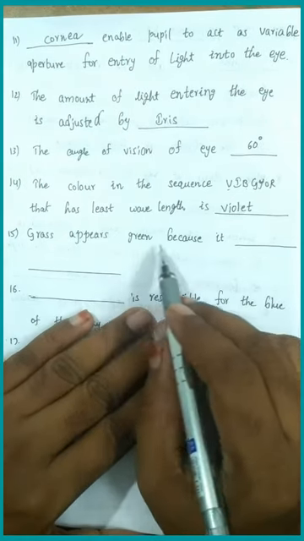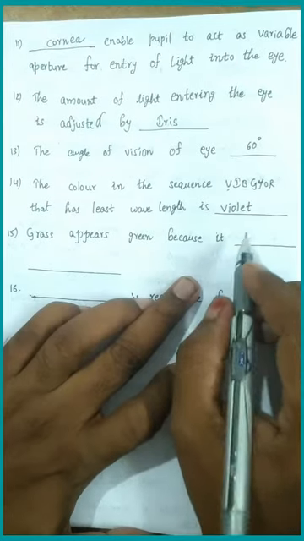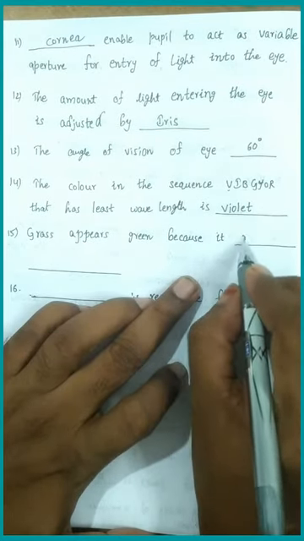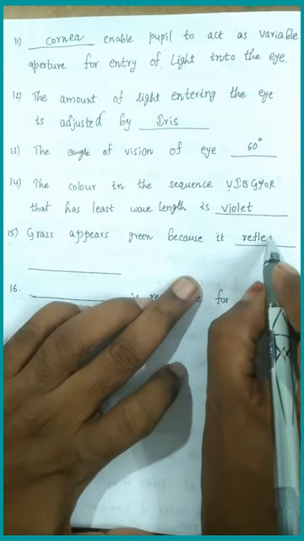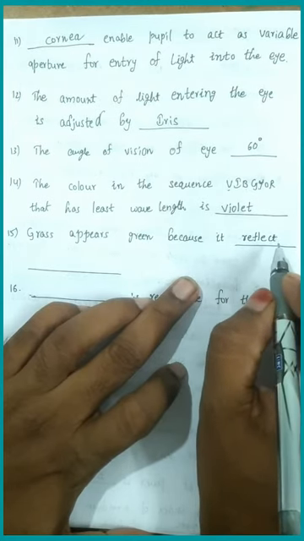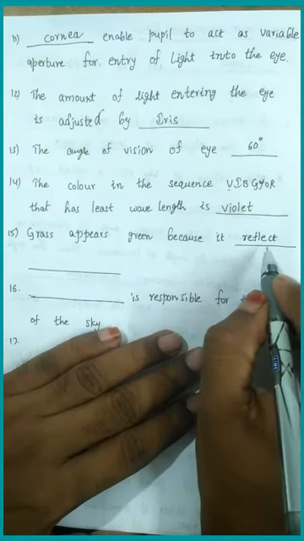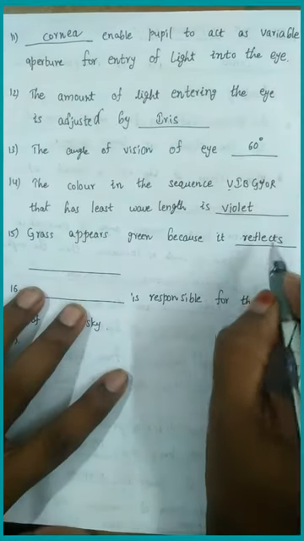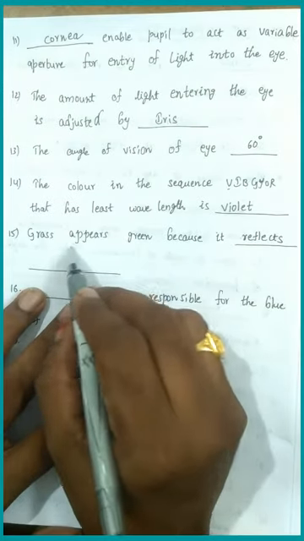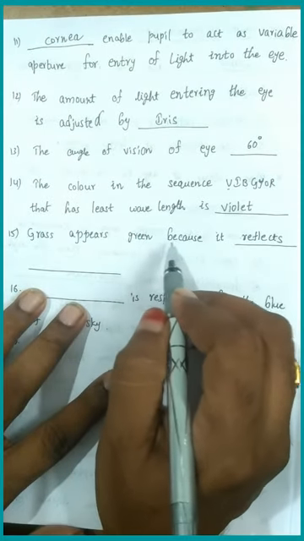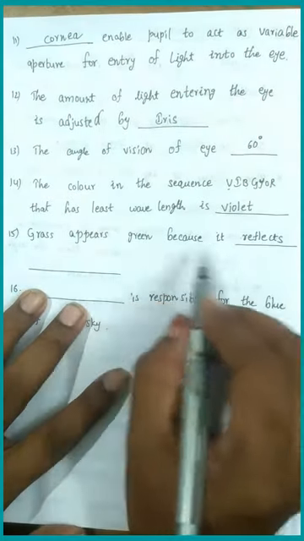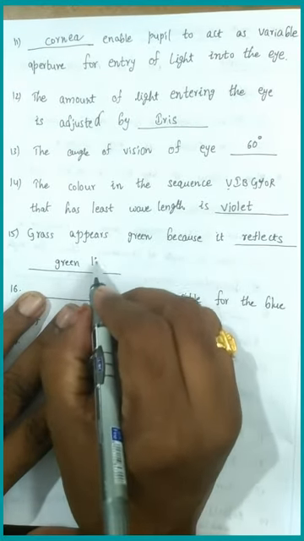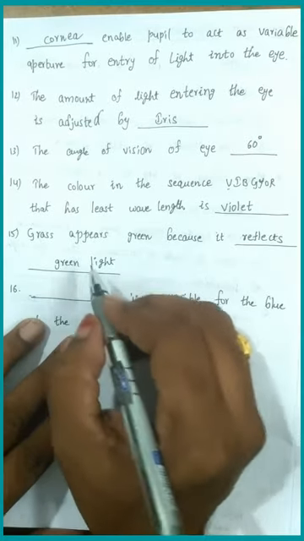Grass appears green because all white light is falling on the object, so the object absorbs almost all the colors, and whatever color is reflected, that one we observe. That means the grass reflects the green color, and all the remaining colors are absorbed by the grass.